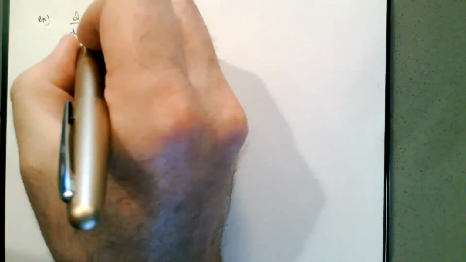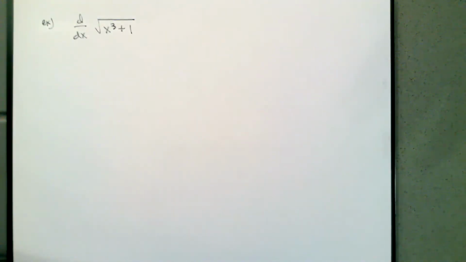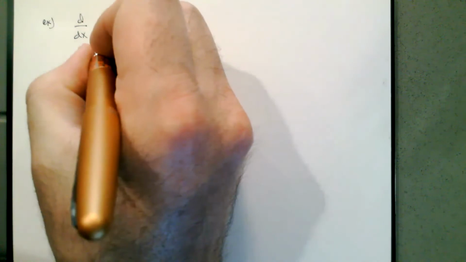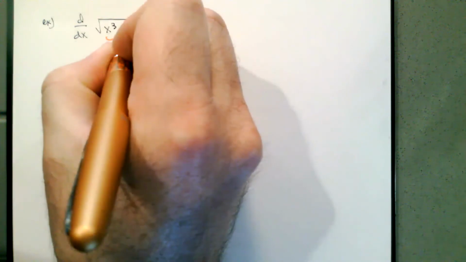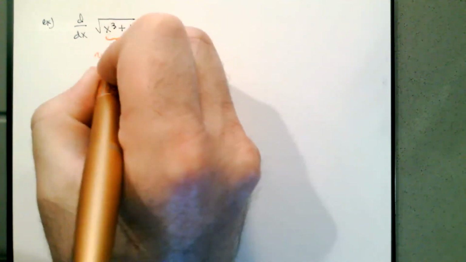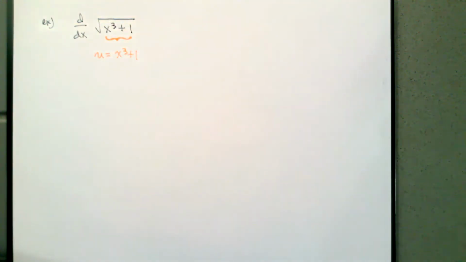If we wanted to find, let's say, the derivative with respect to x of the square root of x cubed plus 1. So what we have is an inside function. We've got this x cubed plus 1 inside an x to the 1/2 power. So our inside function is x cubed plus 1.